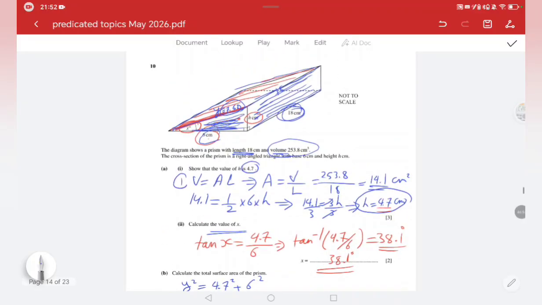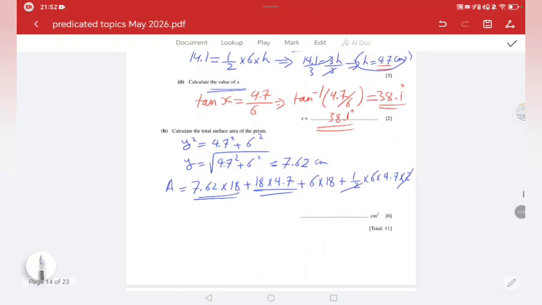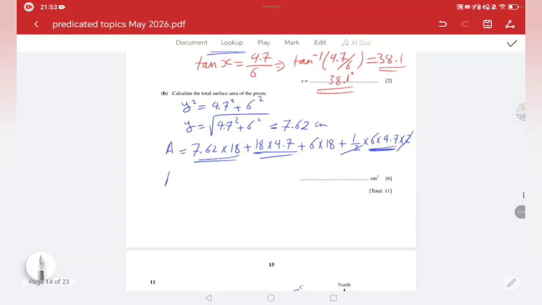Then our triangle. We have two triangles, okay? So that's two triangles: 1/2 times the base, which is 6, times the height, 4.7, and then we multiply by 2. The 2 cancels with this 2. So let's calculate the total surface area: 7.62 times 18 plus 18 times 4.7 plus 6 times 18 plus 6 times 4.7.